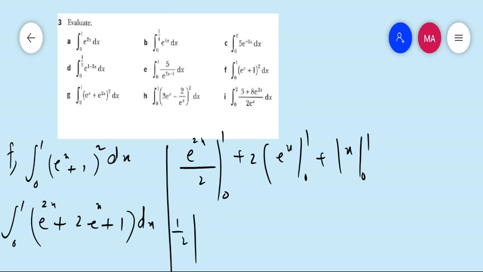1 upon 2 e^(2x) is e^2 minus e^(2 into 0), plus 2 (e^1 minus e^0), plus 1 minus 0.